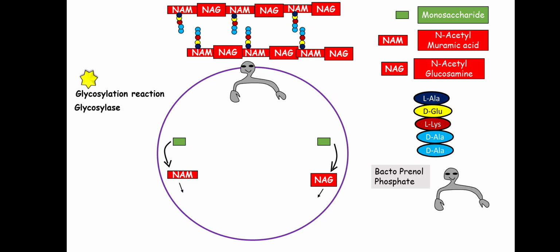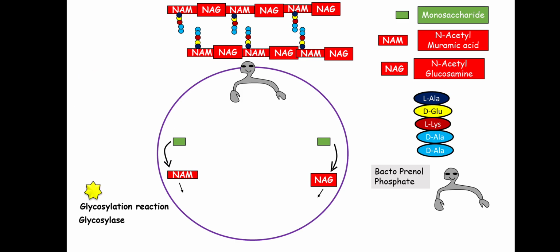Now the next thing is performed by this pink star. This pink star is also a kind of enzyme, and it is acting at this area. It will act on this peptide chain which is composed of 5 amino acids, and it will remove the terminal amino acid.